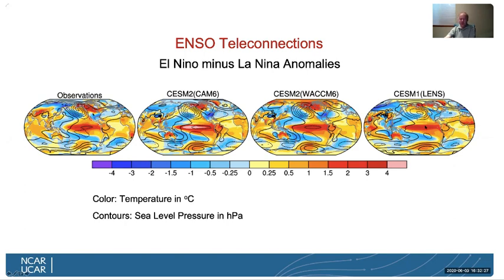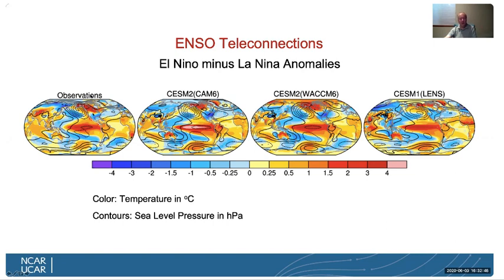By the way, the color in these plots shows the ENSO El Nino minus La Nina anomalies in temperature, and the contours are the sea level pressure associated with these anomalies.